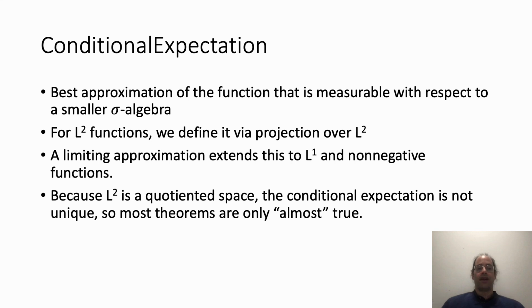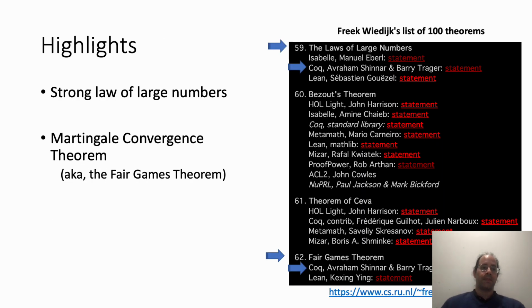Then for L1 and basically other measurable random variables that have finite expectation or that are non-negative, we can define conditional expectation via a limiting argument, similar to how we built up general expectation, where we approximate the functions with L2 functions. Because L2 is a quotiented space, note that the conditional expectation is not unique. So most theorems only hold up to almost equal or almost less than or equal.